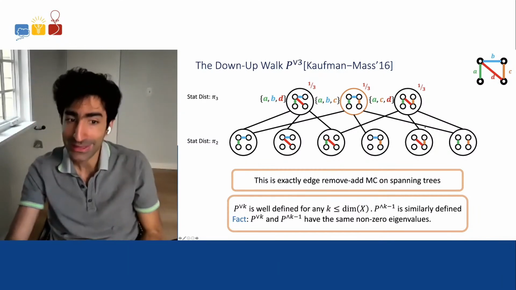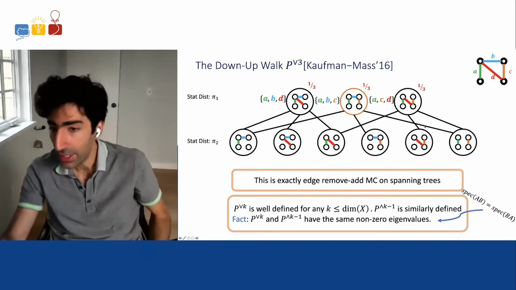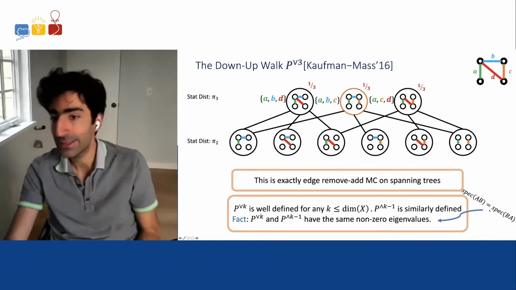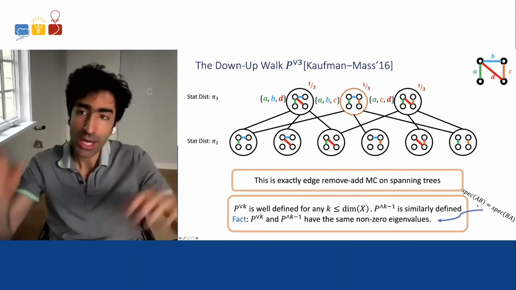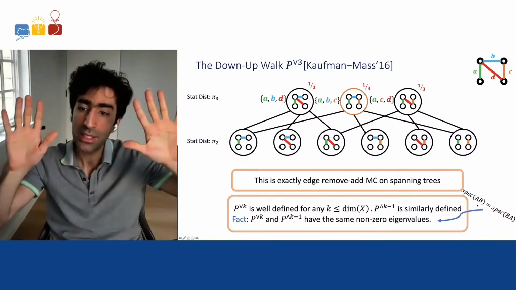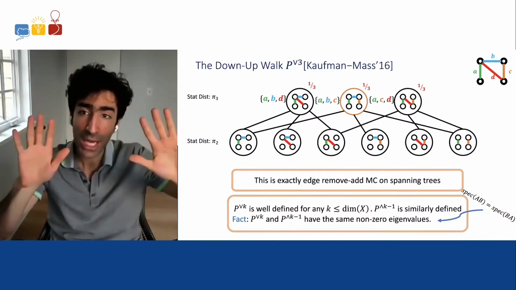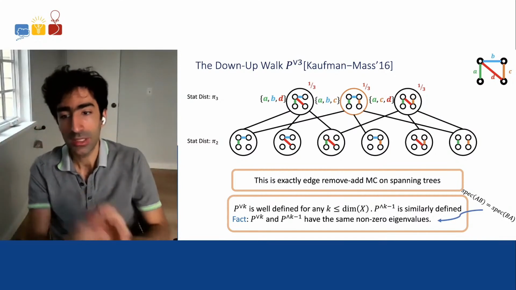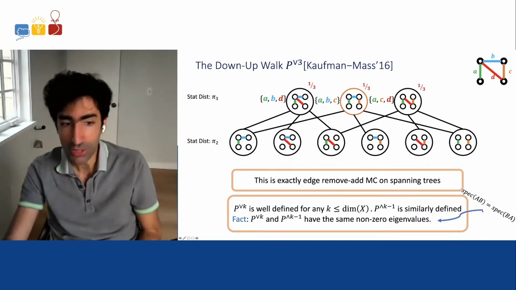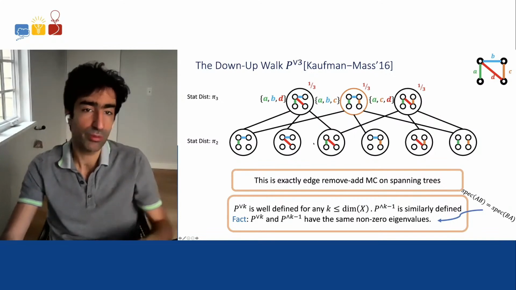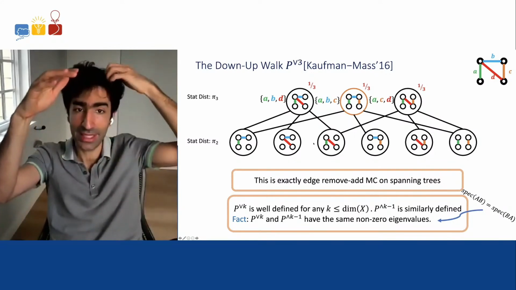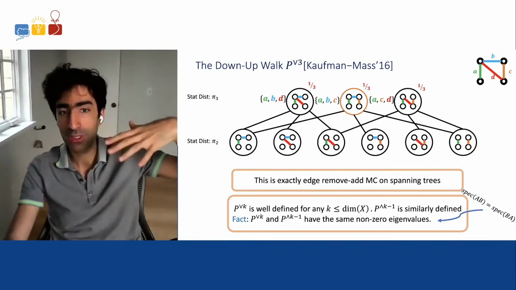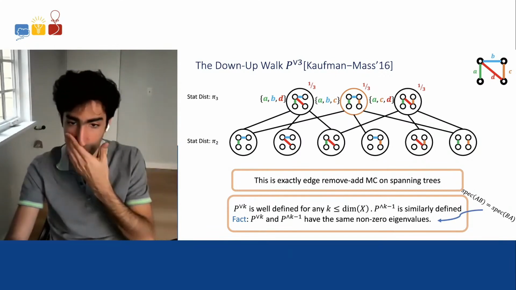The reason they have the same non-zero eigenvalues follows from a well-known fact in linear algebra, which is that if you have 2 matrices A and B, the non-zero eigenvalues of A times B are the same as the non-zero eigenvalues of B times A. From this you can say that a down-up walk at level k has the same non-zero eigenvalues as the up-down walk of level k.